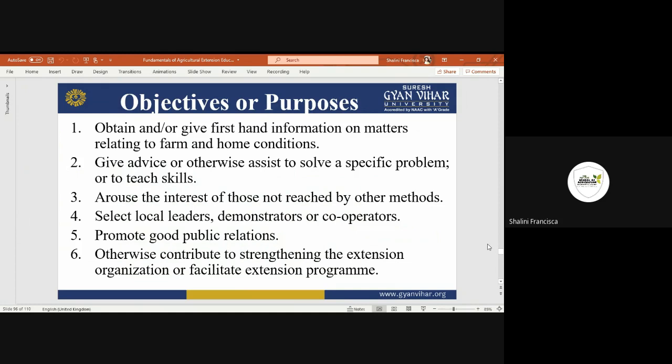So it's first-hand information for understanding the facts. Then the second one is to give advice or otherwise assist to solve a specific problem or to teach a skill.